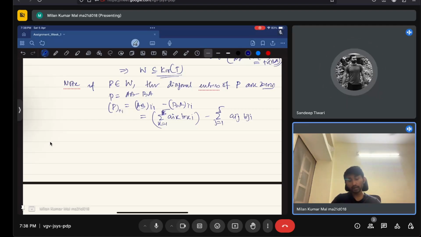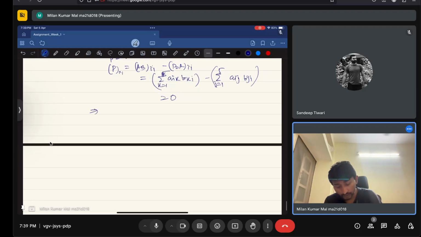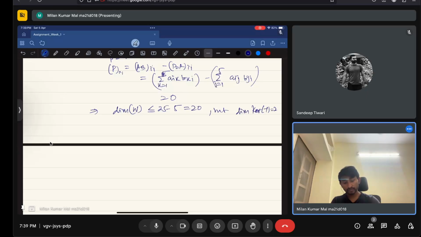The diagonal entries are the same, so the difference is 0, so each diagonal entry is 0. Therefore the dimension of W must be less than or equal to 25 minus 5, because diagonal entries are 0, that is 20. But we know the dimension of the kernel of T is exactly 24. Therefore W must be a proper subspace of the kernel of T.